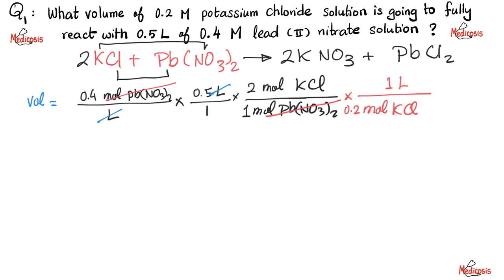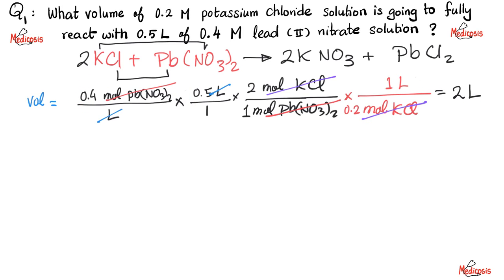Now we cancel moles of potassium chloride with moles of potassium chloride, and then you just calculate 0.4 times 0.5 times 2 times 1, divided by 1 times 1 times 0.2. When you multiply all of these together, what do you get? You get 2 liters, because this is the liter that's left.